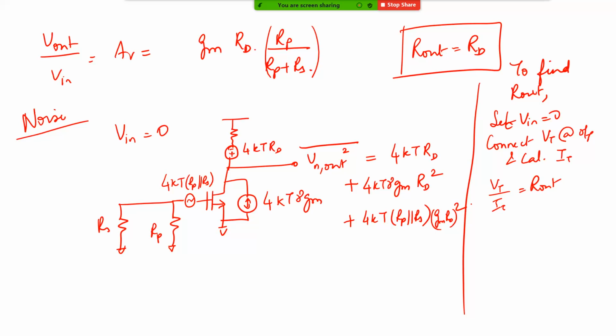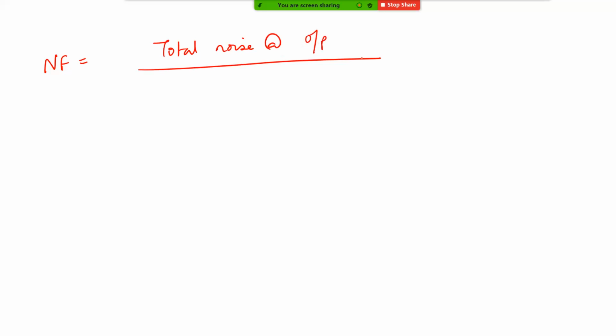Now we need to find the noise figure. What is the noise figure? The noise figure is given by the total noise at the output divided by gain squared into 4kT Rs. This is our basic noise figure equation.